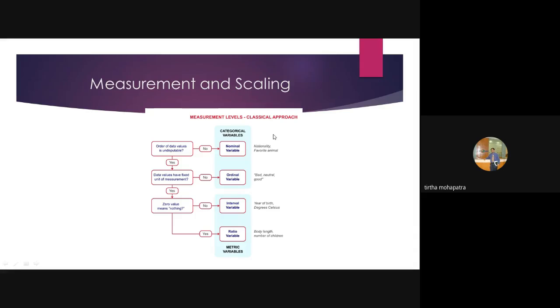Let's say I am Vishal, the student with the name Vishal has roll number 1. So roll number 1 means Vishal. Roll number 2 means Tirtha. Roll number 3 means somebody else. This is only an identification number. This is a nominal variable.